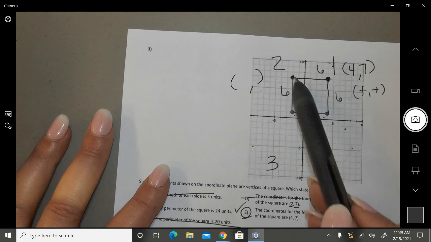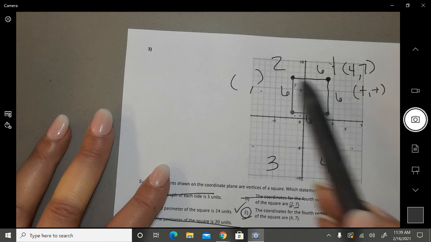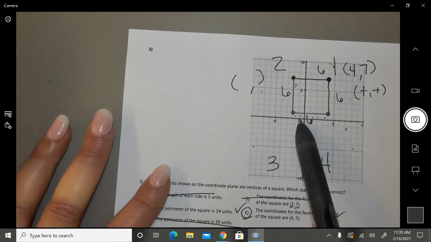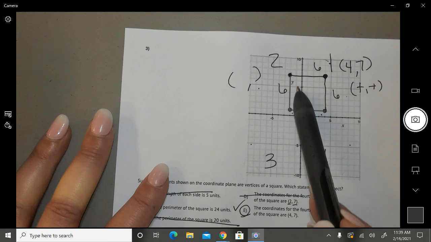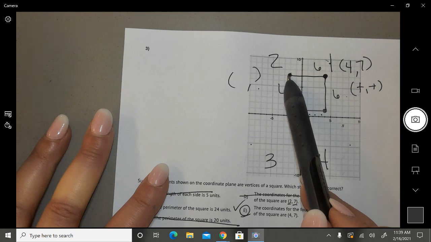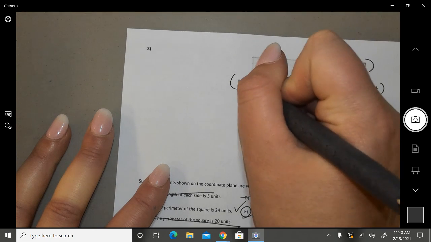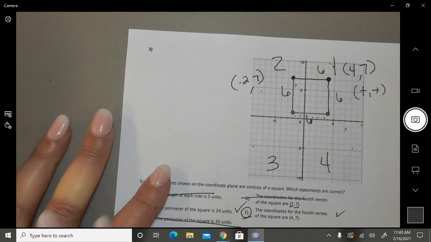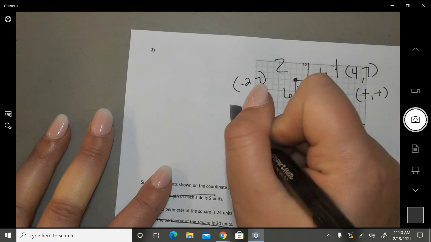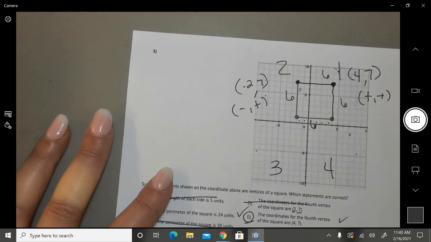X, Y, what is this location? Negative 2, up 7. So it would be negative 2, 7. Is that positive or negative? It's negative and positive.